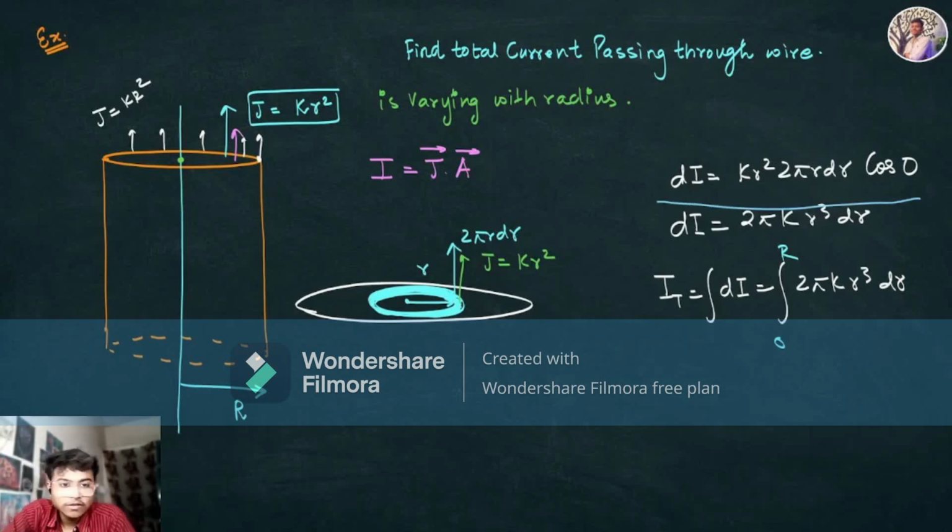We know J is equal to kr and I is equal to J dot A. So we take J into A, 2 pi r dr cos theta. We integrate dI only from 0 to R position, and we will get the current.